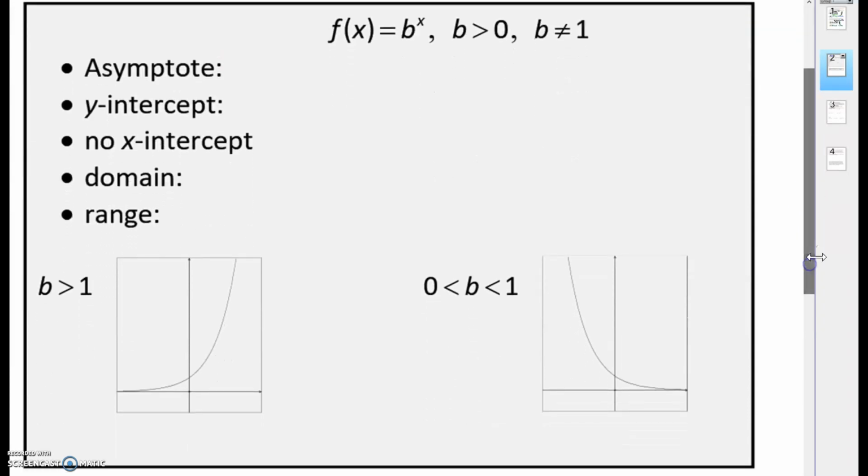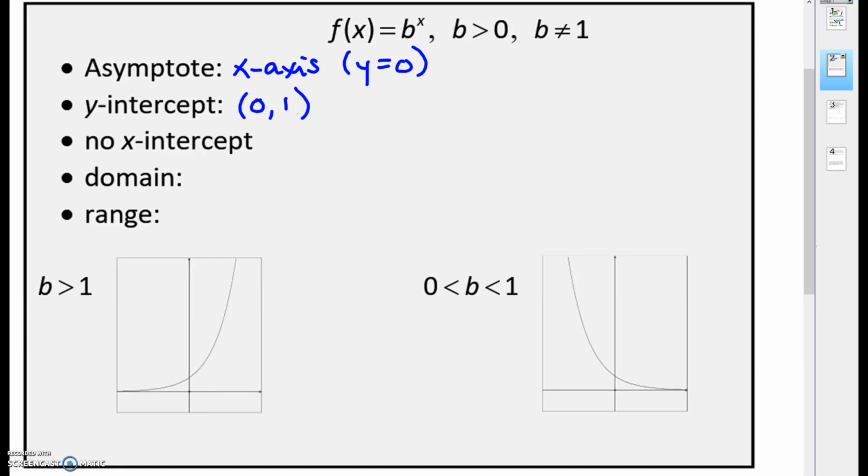So when we just have the basic function f of x equals b to the x, where my b value is positive and b does not equal 1, because 1 to anything is 1, then my asymptote is going to be the x-axis, or if we write that as an equation, the line y equals 0. My y-intercept similarly is always (0, 1).